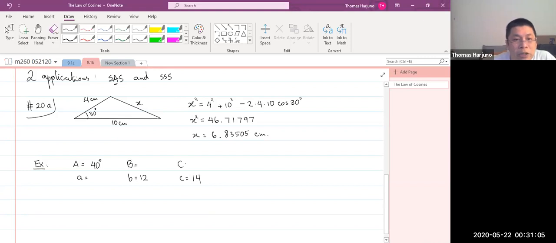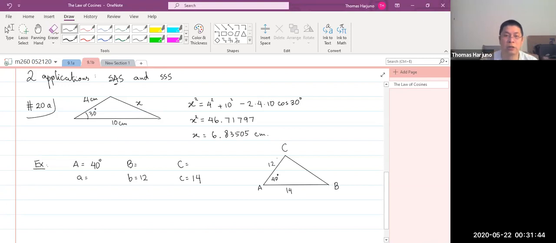Now, with this situation here, which of side A or angle B or angle C can be found first? If you don't know, you can try to sketch the graph first. This is 40 degrees for angle A. Let's say this is B and this is C. So side C is 14, side B is 12.